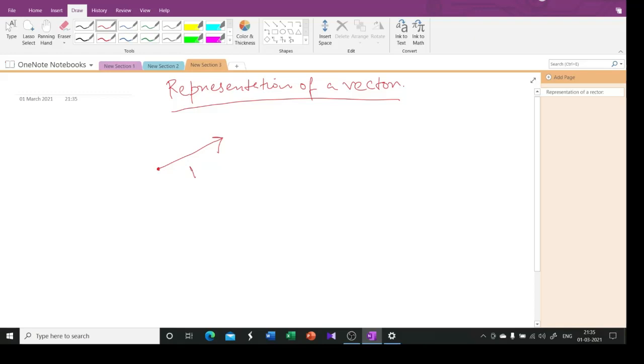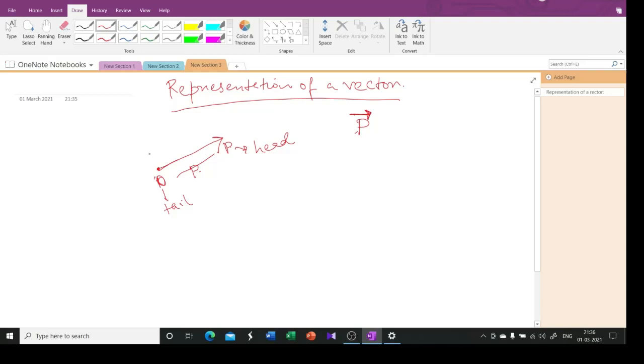Suppose it's vector P. We represent a vector by a variable with an arrow over it, like any alphabet with this arrow. That's simply the representation of a vector. And pictorially, this is this line. This is the tail. Let's name it OP. So this O is the tail of the vector, and P is the head of the vector.